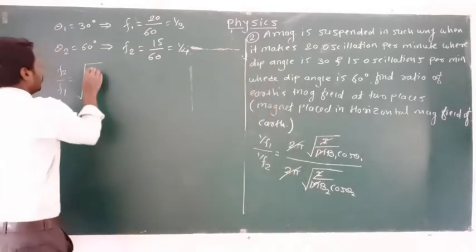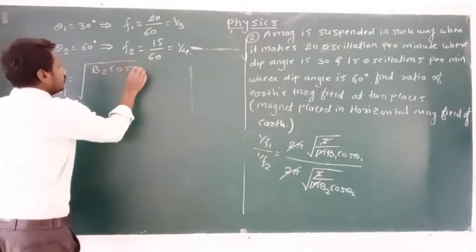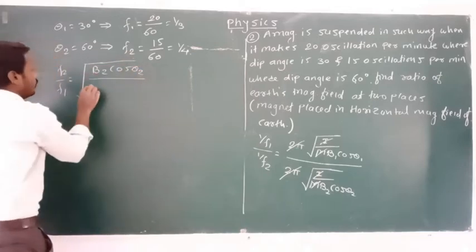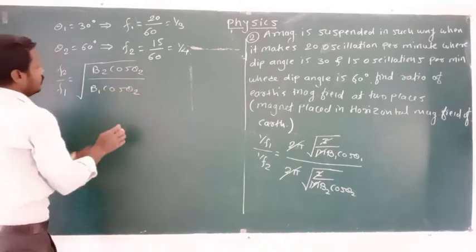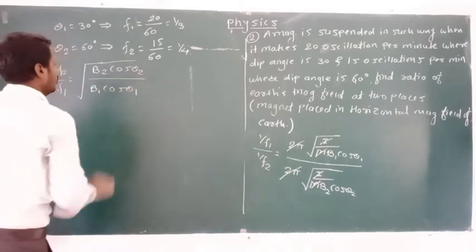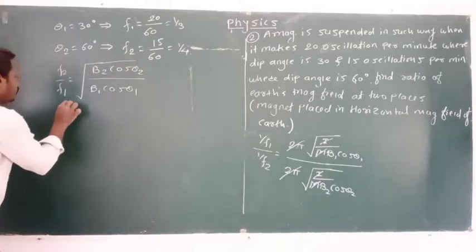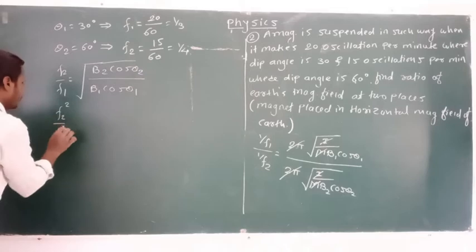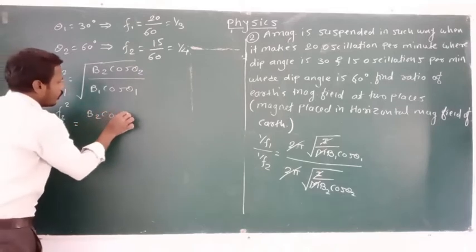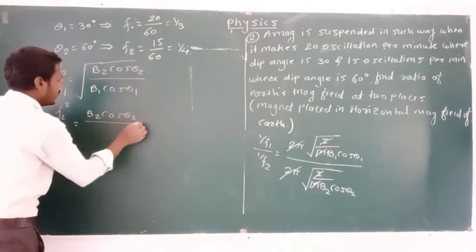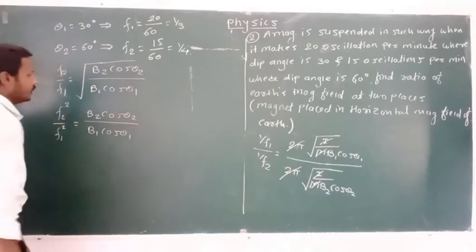B2 cos theta 2 divided by B1 cos theta 1. Squaring on both sides, we can write F2 square divided by F1 square is equal to B2 cos theta 2 divided by B1 cos theta 1.